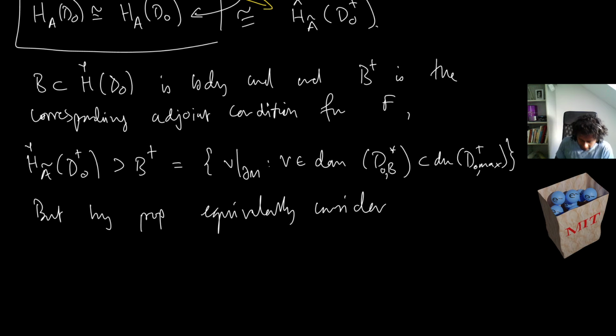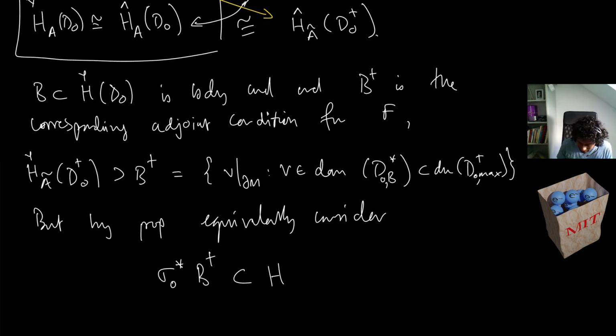But by this proposition, we can equally consider the space, say, sigma naught star B perp, which is now, because we've proved that this is an isomorphism between these two spaces, a Banach space isomorphism.